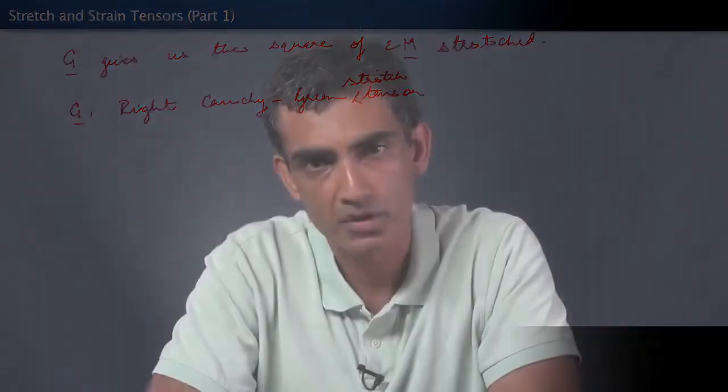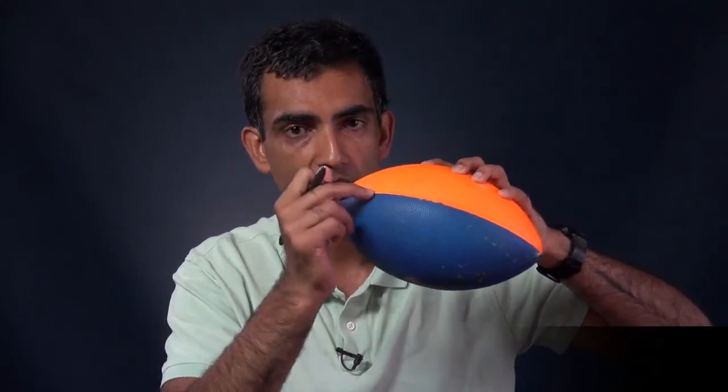Cauchy and Green are, of course, mathematicians. Cauchy is perhaps the more famous of the two. We understand why we call it a stretch tensor. The use of the term right there will become clear in a little more as we continue to develop the material. So C is one of our fundamental measures of the stretching of material fiber vectors. So you take a little fiber vector here.